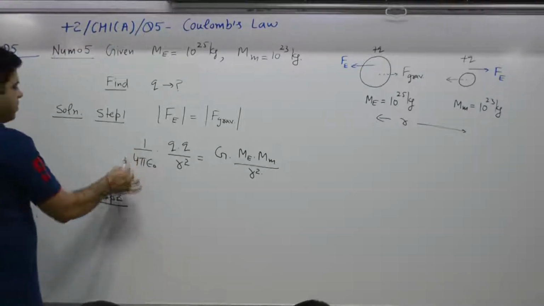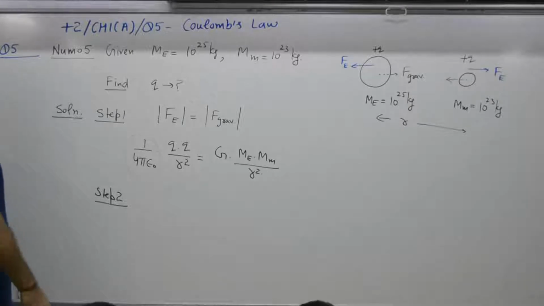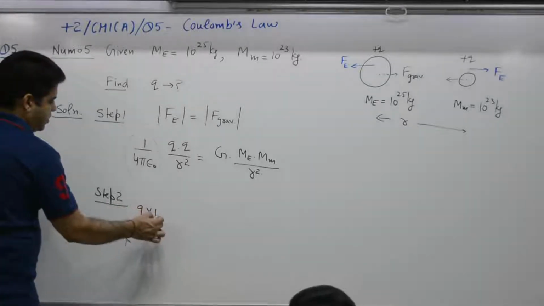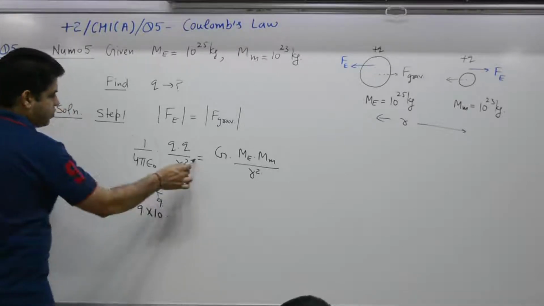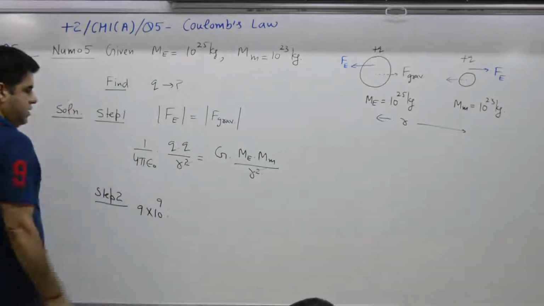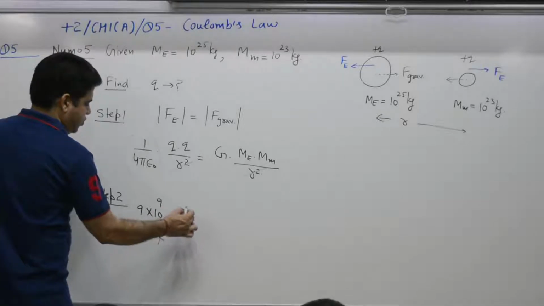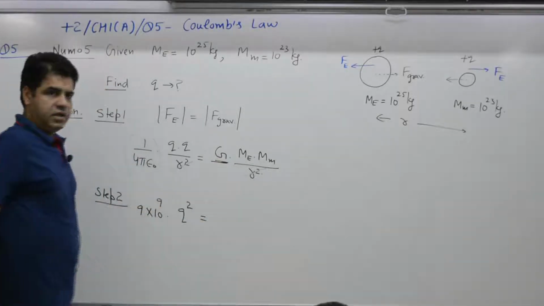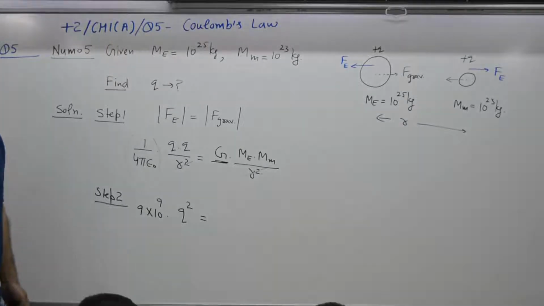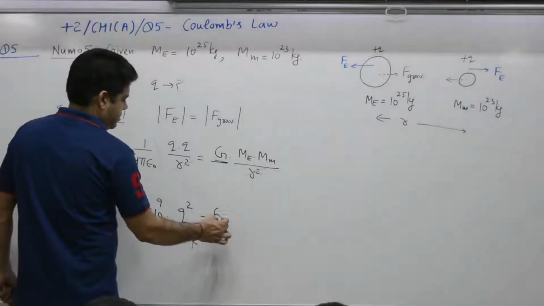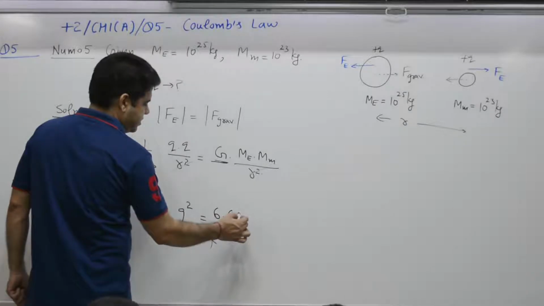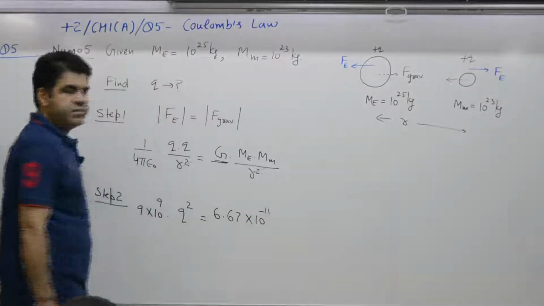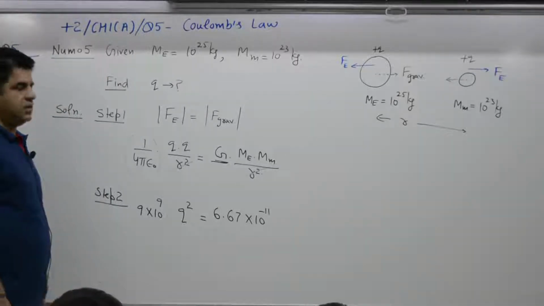This value, 1 by 4 pi epsilon naught, is 9 into 10 to the power 9. R square cancels. Into Q, Q square is equal to capital G, plus 1, constant, 6.667 into 10 raised to power minus 11, SI units.